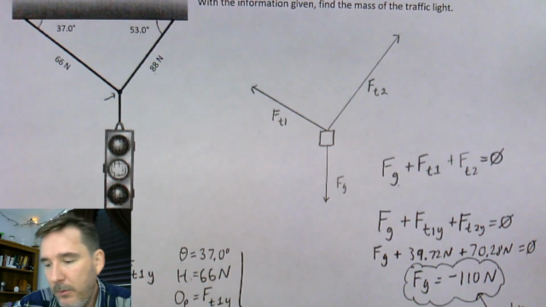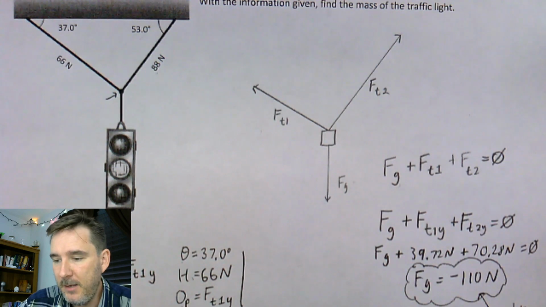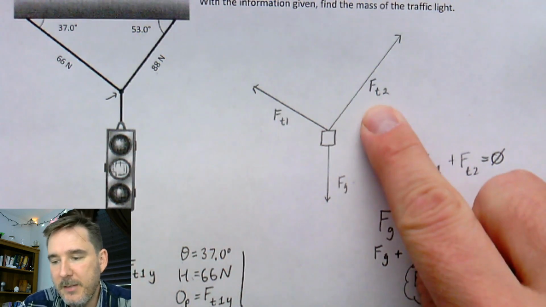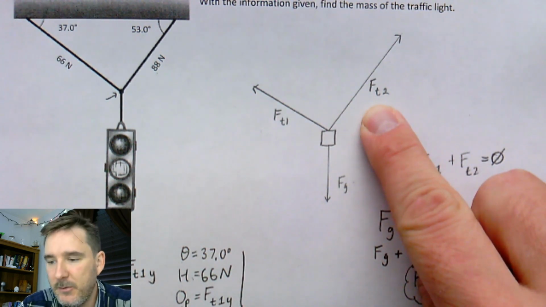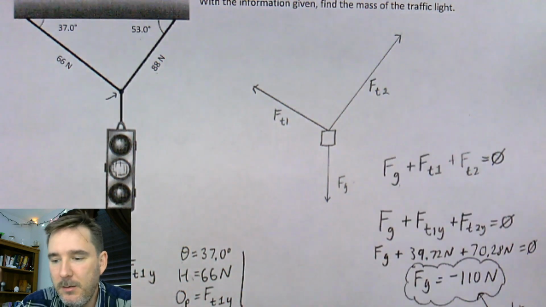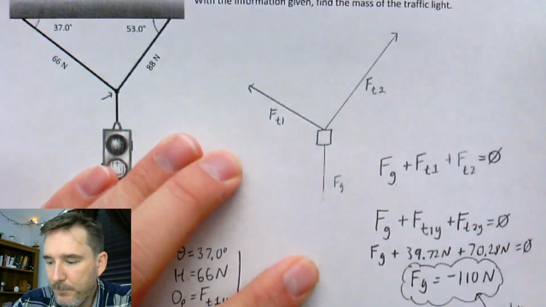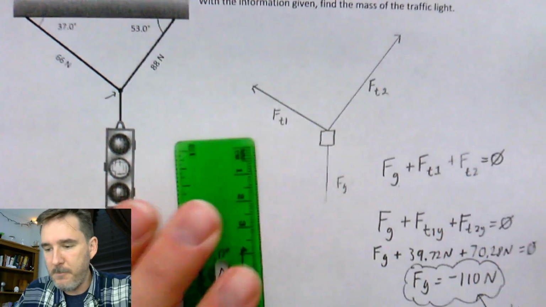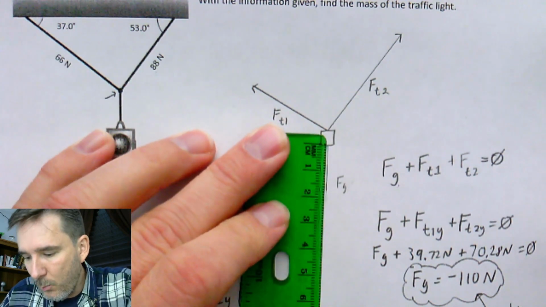I know now that this force of gravity should be 110 newtons, and I drew these at a scale where 1 millimeter is 1 newton. So I need to draw this downward arrow at 110 millimeters.